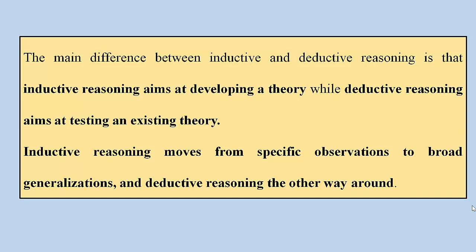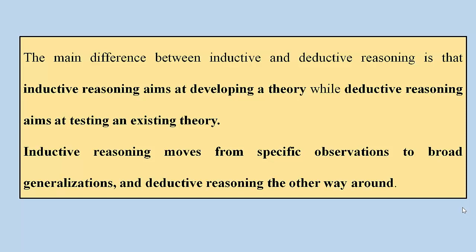Inductive reasoning starts with the observation. The next step is to conduct a survey, and at the end, at the conclusion, you should develop some theory. Therefore, the main difference between inductive and deductive reasoning is that inductive reasoning aims to develop a theory, as we discussed in our example: uneducated people are successful businessmen.